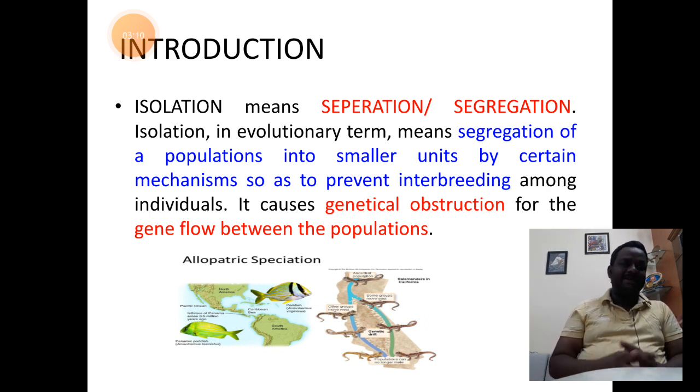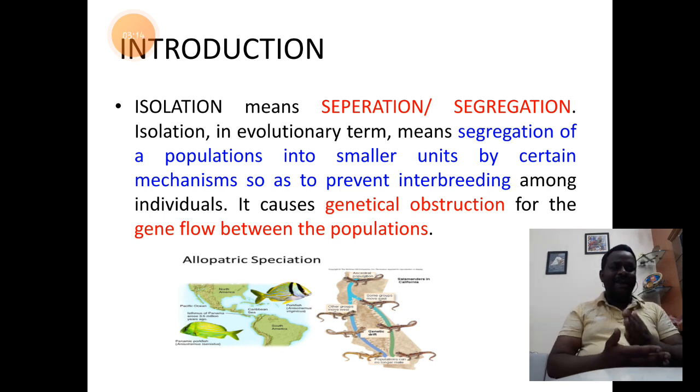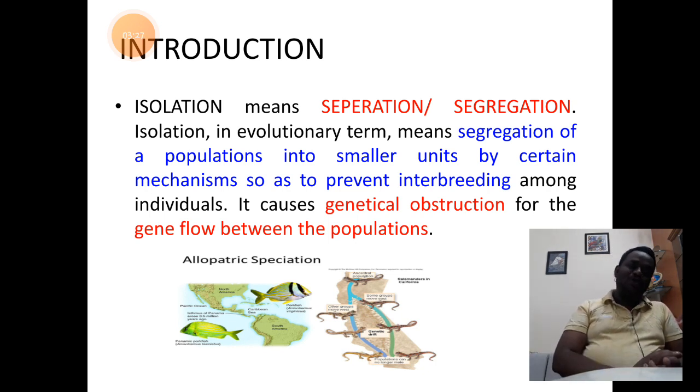In simple terms, isolation refers to dividing a huge population into smaller groups by means of some barriers. The barriers are for the reproduction process, so that the individuals of one group won't mate or reproduce with another group.